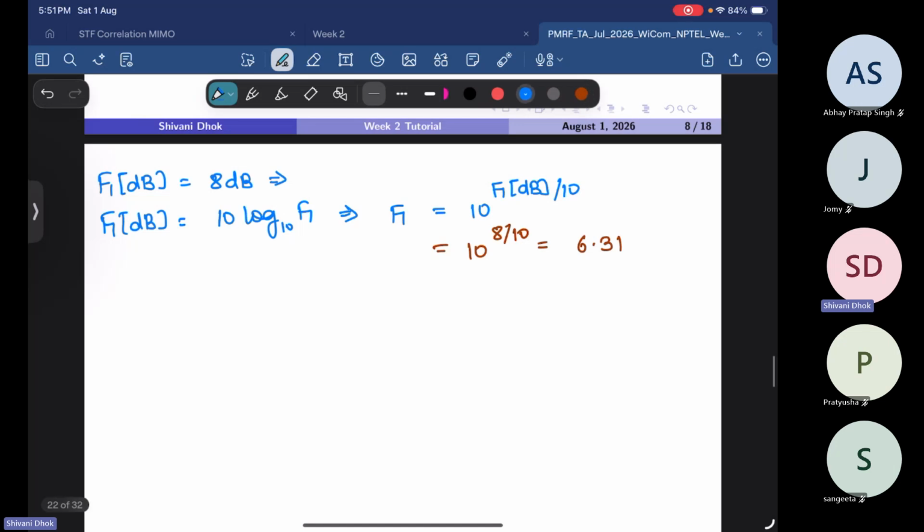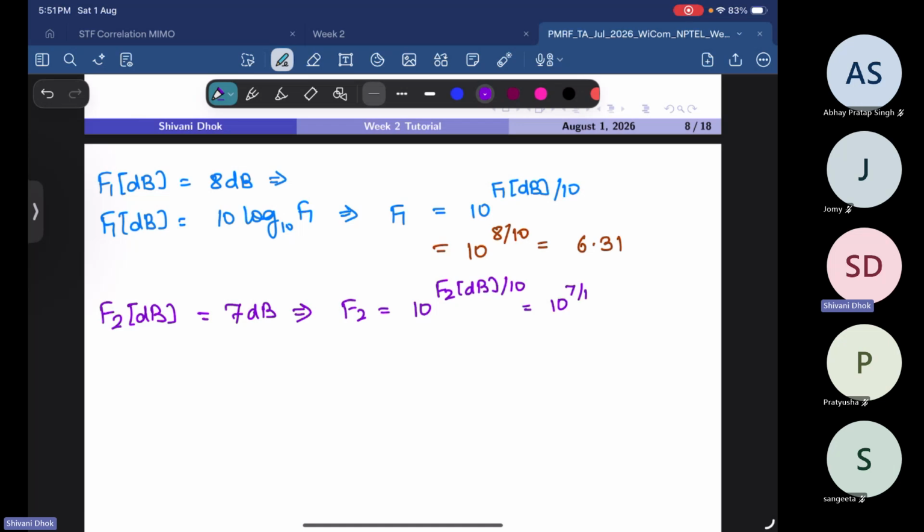Then you have F2 in dB, which is equal to 7 dB. Therefore your F2 is nothing but 10 to the power F2 in dB divided by 10, which is 10 to the power 7 by 10, which comes out to be 5.01.